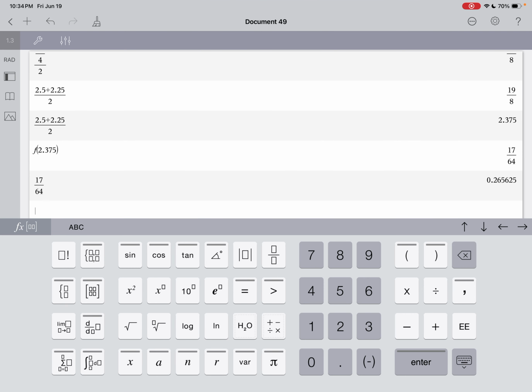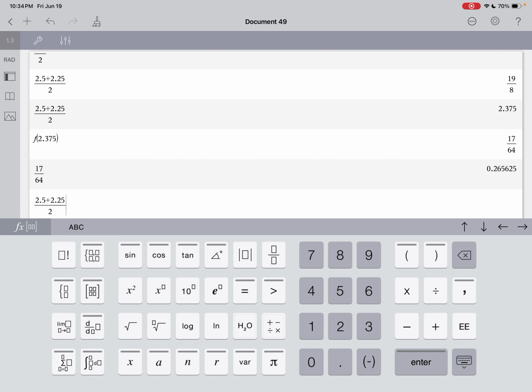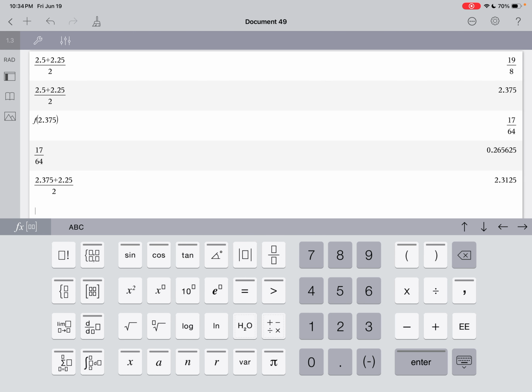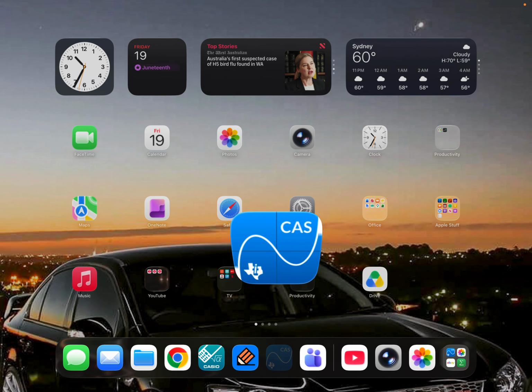So add them together, divide them by 2. 2.3125.